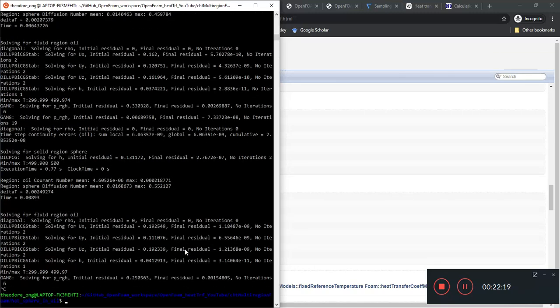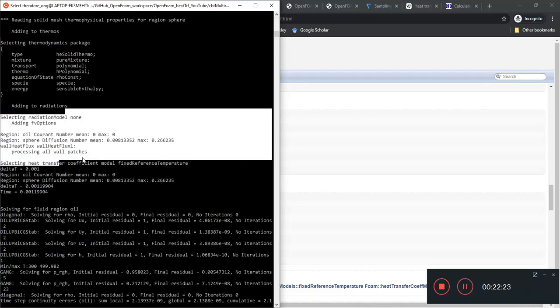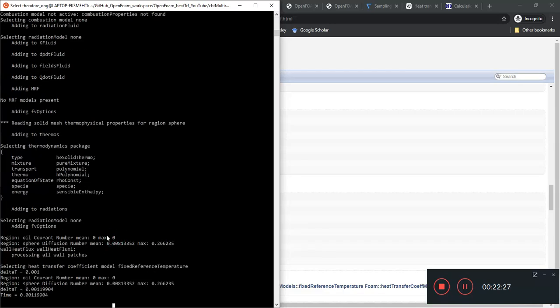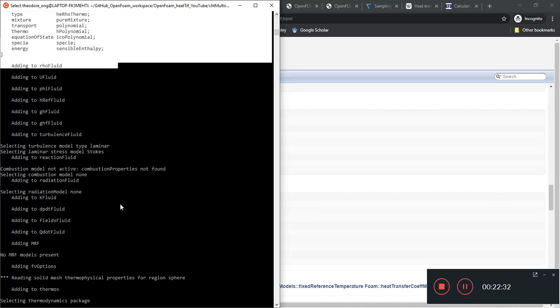And okay, I'll put a Control-C to stop, and it looks like everything is working correctly. So I don't see any errors over here. Looks okay, the chtMultiRegionFoam output.